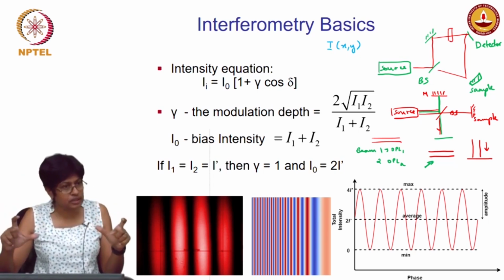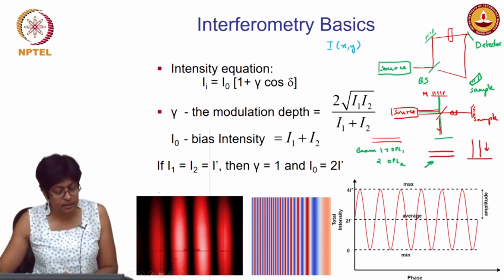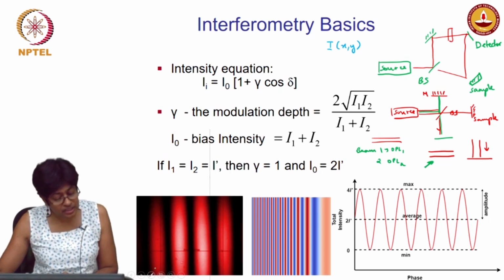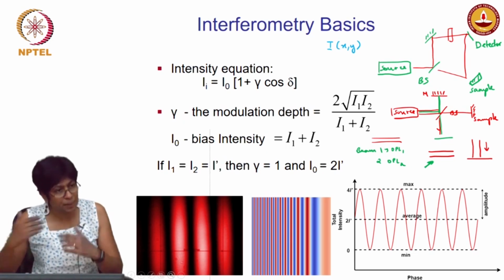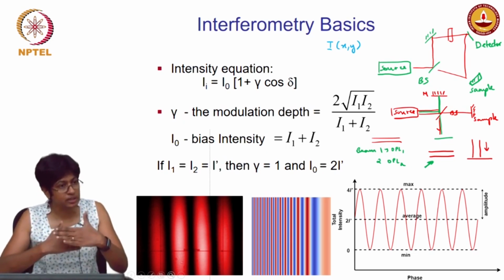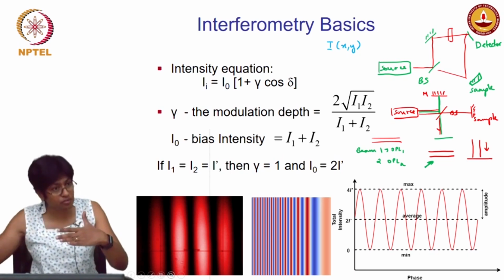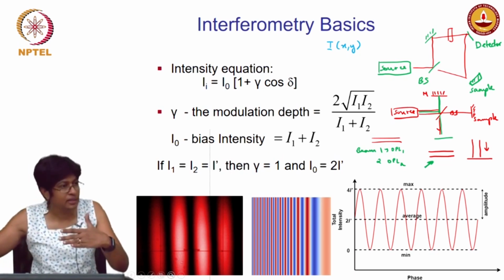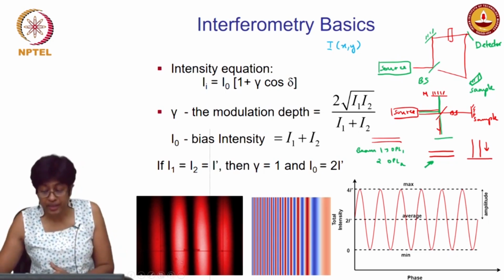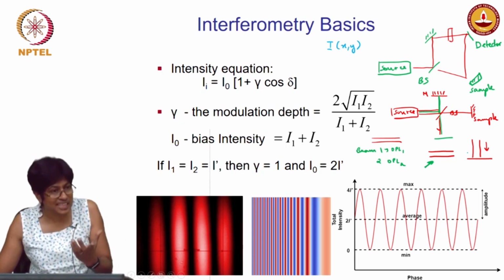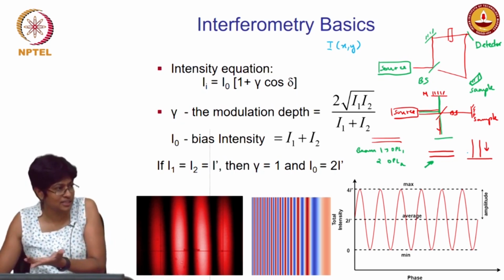When do I get fringes? The fringes here, you're saying this region constructive interference happened, here destructive interference happened. That means the path length difference between the two interfering beams is not the same everywhere. If you have the same path length difference everywhere, then you will just see the same intensity, right?